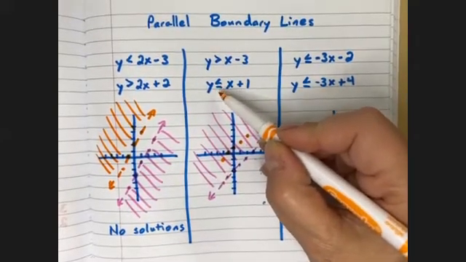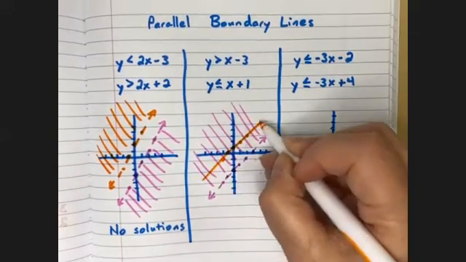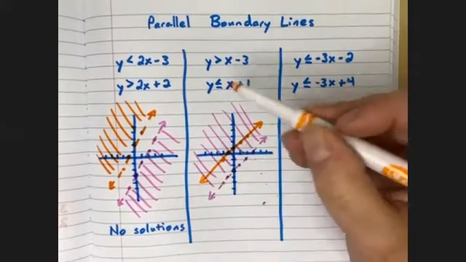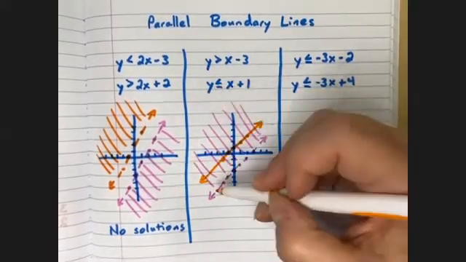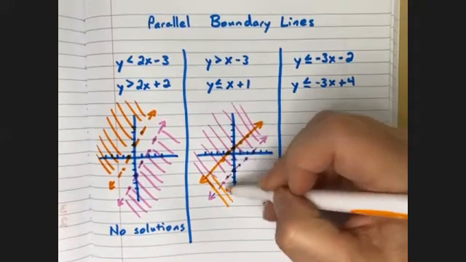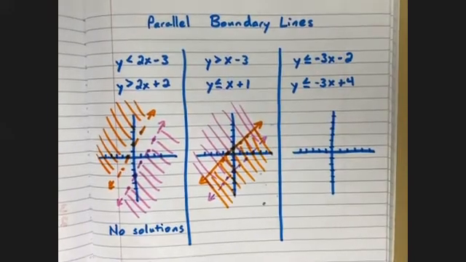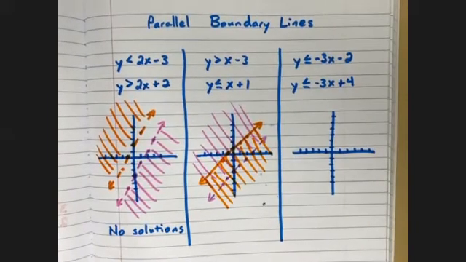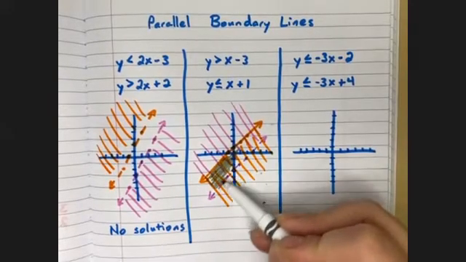Well, there's the or equal to, so it's going to be a solid line. And do I shade above or below? Well, it's y is less than, so I'm going to go where the less than is, which is below. Now, hopefully you can see that the overlap is going to be this area that's between the two lines.